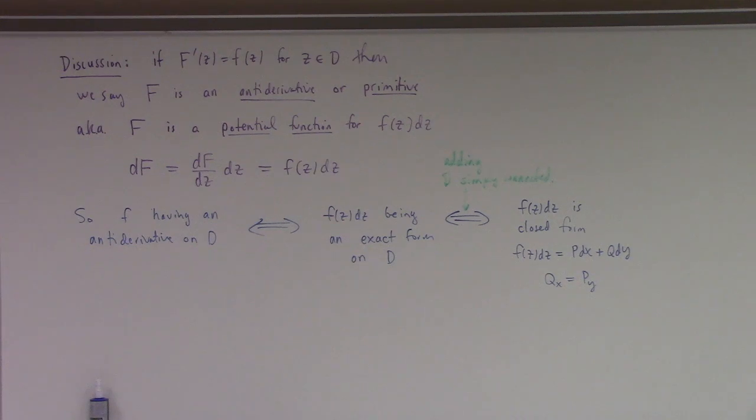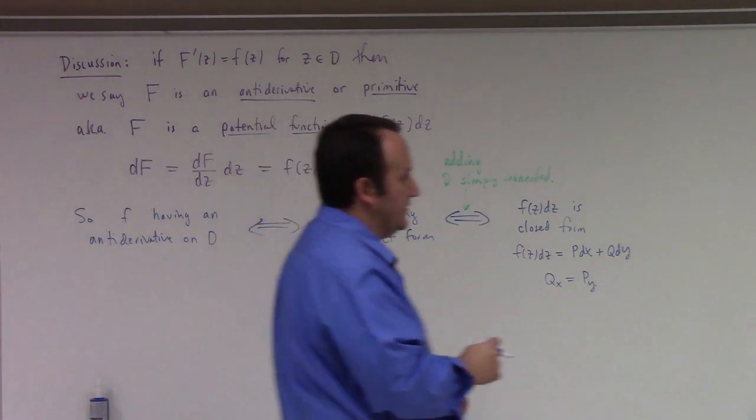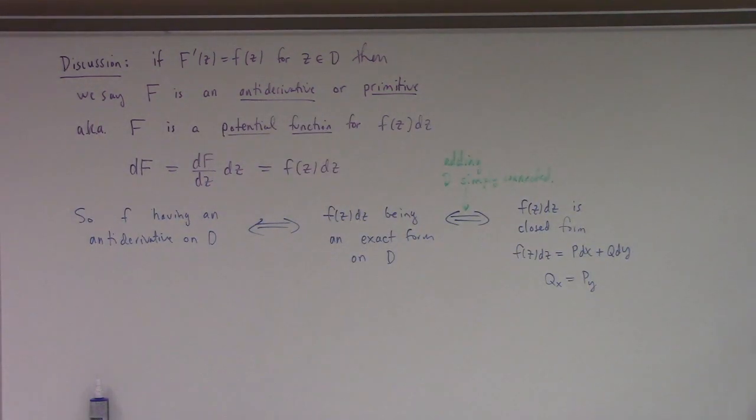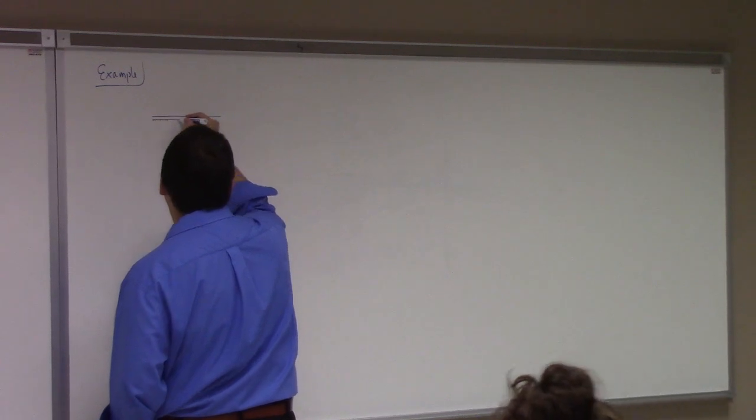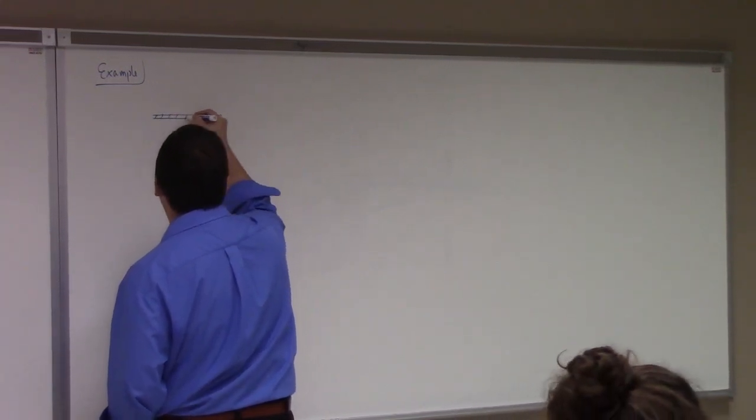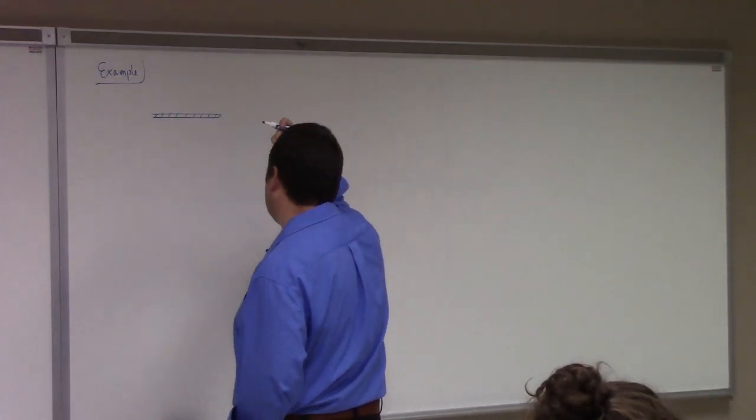But this is very nice, right? This means that we essentially can do complex line integrals much the same way we did in calculus 1, right? So, for example, let's look at the slit complex plane.